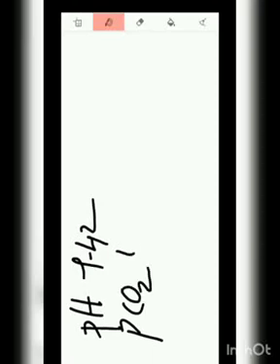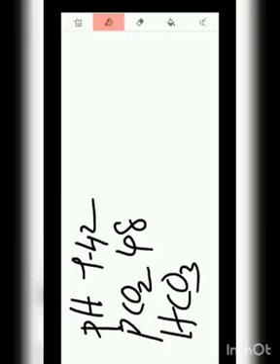The pH is 7.42. Yes. PCO2 is 48. Then bicarbonate, its value is 31. Okay. So try to identify. Yes, you can see the pH. It is normal.